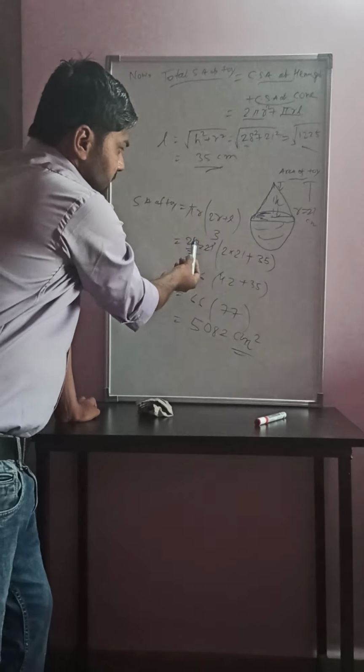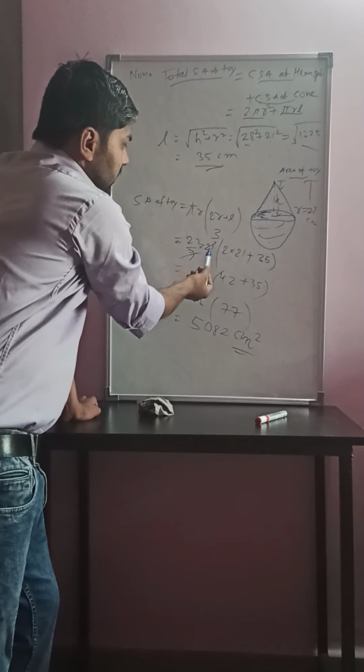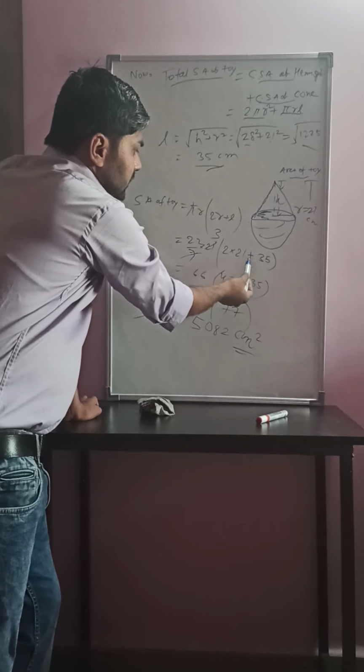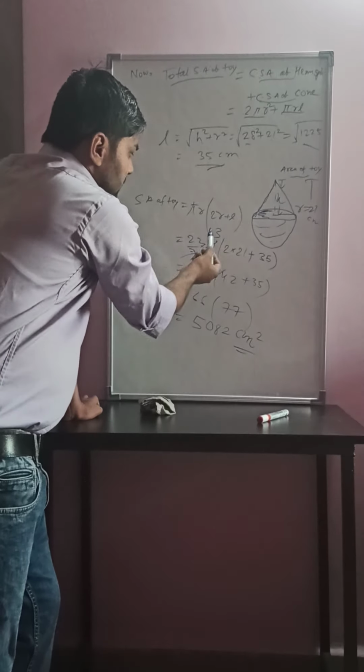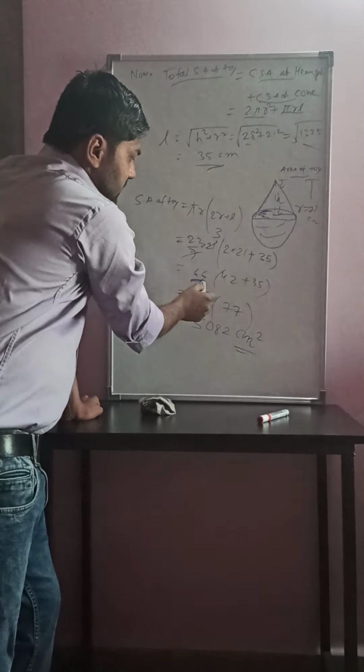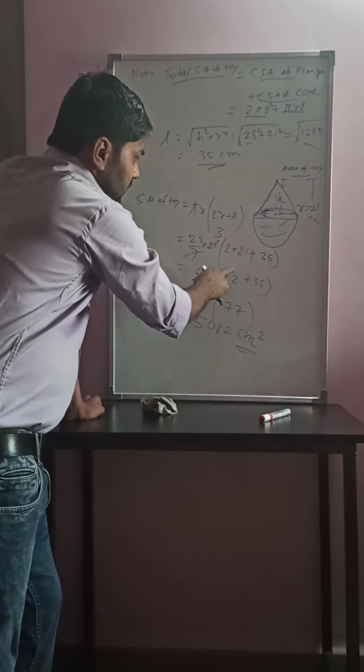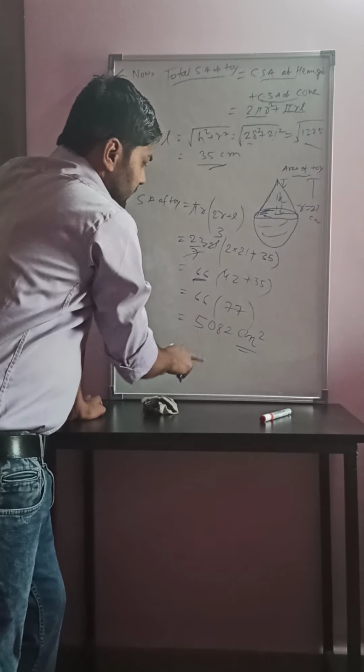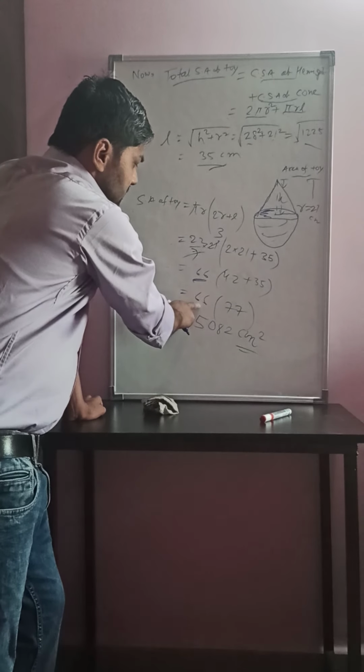Substituting the values: 22/7 into 21, and 2 into 21 plus 35. By cancellation we get 66, and 21 into 2 is 42 plus 35 gives 77, into 66.